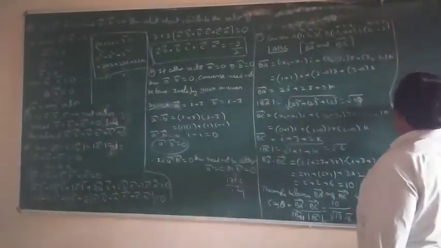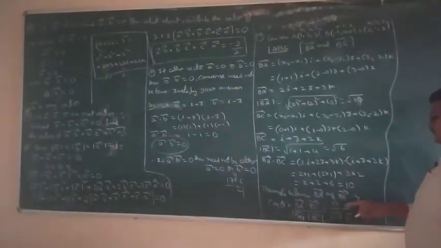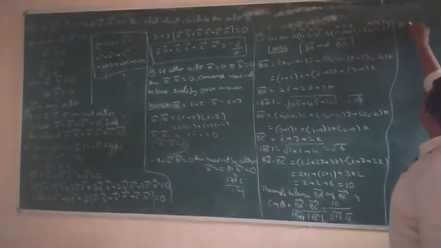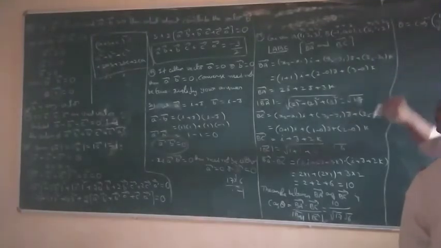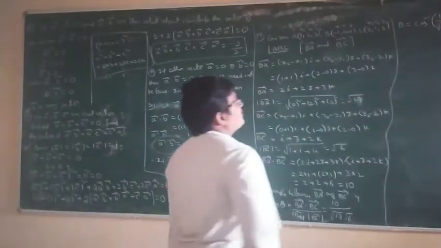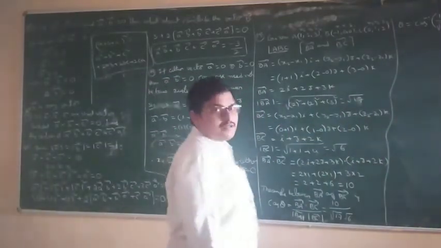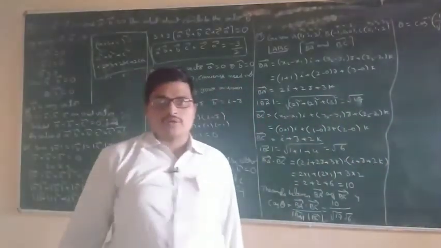So cos theta is 10 by root 102, and theta, the angle between them, is equal to cos inverse of 10 by root 102.